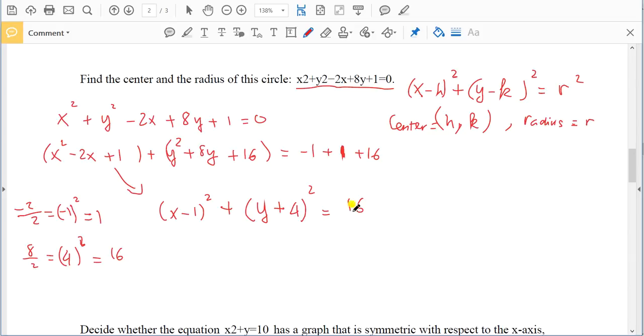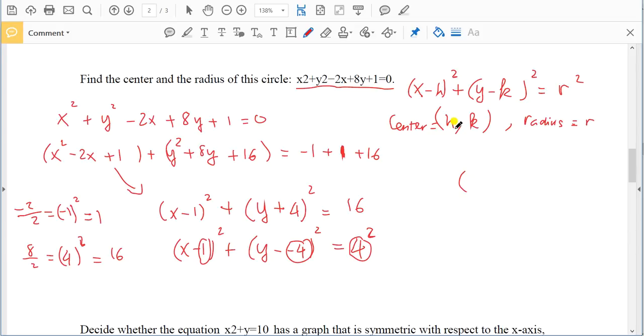Okay, but 16 you can rewrite as what? 4 squared. And plus 4 we can write in this way, as minus minus 4, because two minuses give me plus 4 back, equal to 16, which is 4 squared. Now if you compare these two equations, you can see that h is 1, k is minus 4, and r is 4.